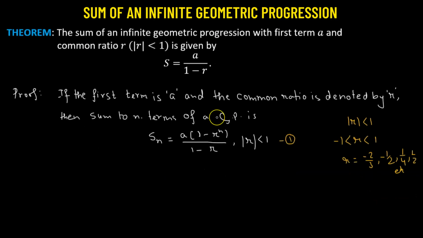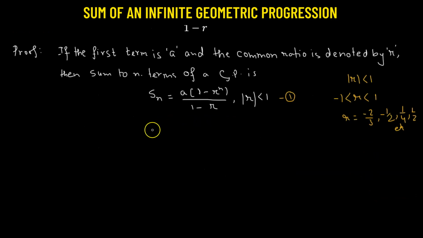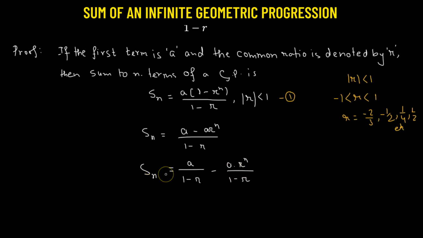Now we can rewrite this equation by breaking it down into two parts. We have a minus a r raised to the power of n, divided by 1 minus r, which can also be represented as a over 1 minus r, minus a times r raised to the power of n divided by 1 minus r. So this is the formula for S_n.